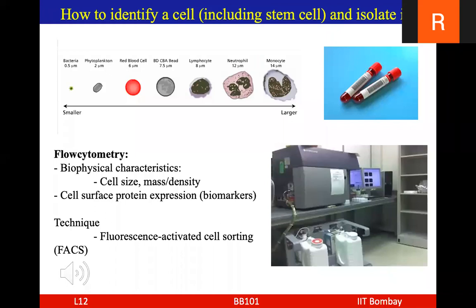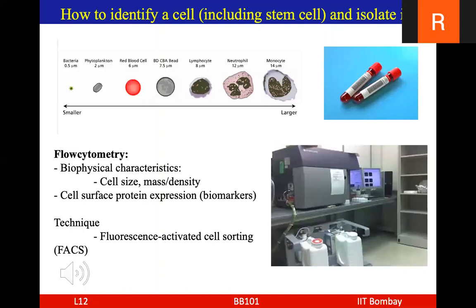So there are different techniques to identify or visualize the cell. One is of course microscopy. With microscopy, you can visually inspect and identify the cell's internal structure, the cell surface or the shape, and you may identify some cells. But many body cells will look the same.